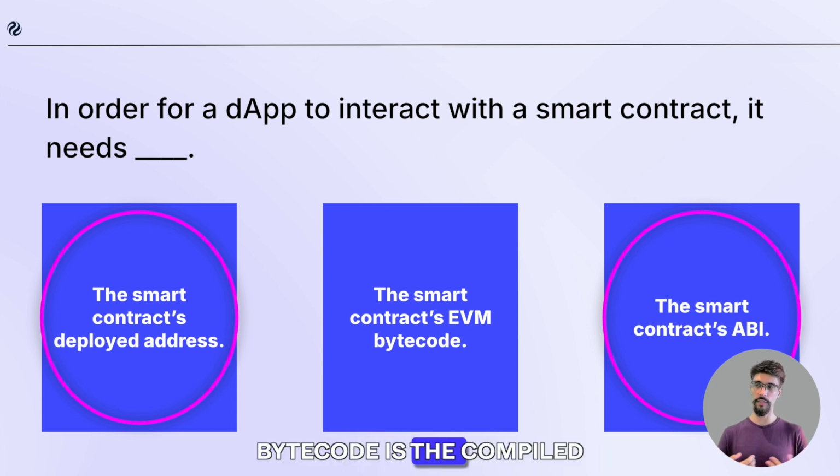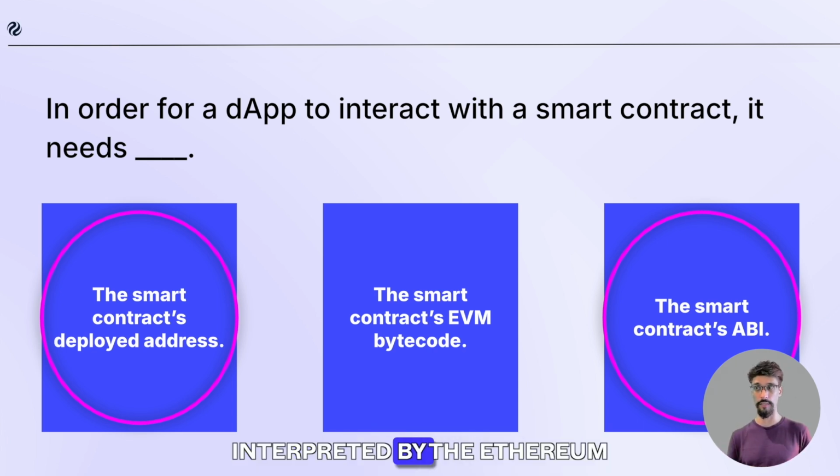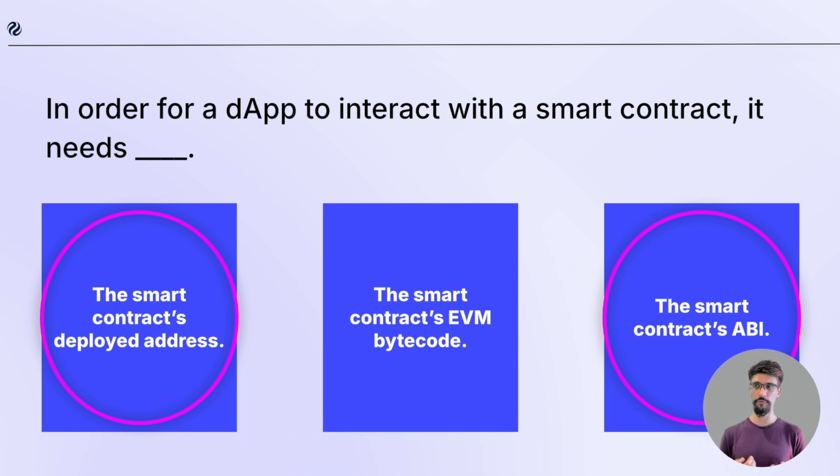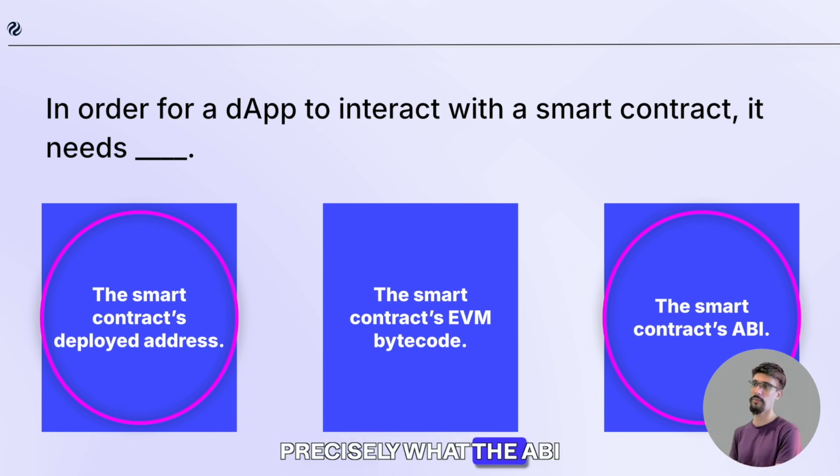So the EVM bytecode is the compiled code that is interpreted by the Ethereum virtual machine, run by the VM, essentially. Now, that's not human readable and doesn't really give you any clues as to what its interface is. So if you want to interact with it from your dApp, you would need to know how to call it, right? And that is precisely what the ABI gives you.